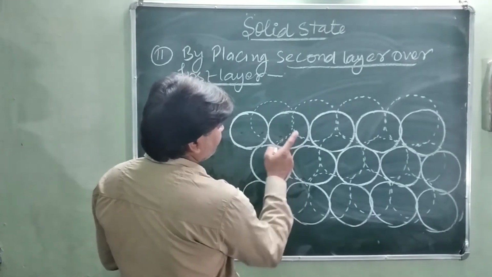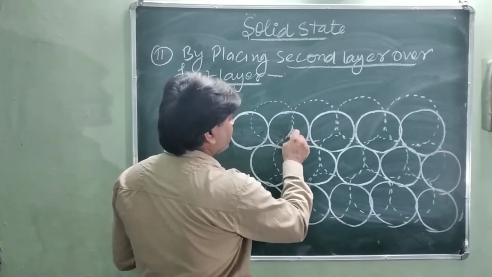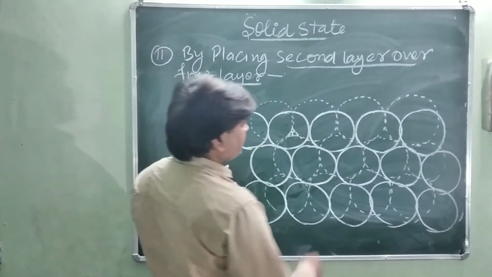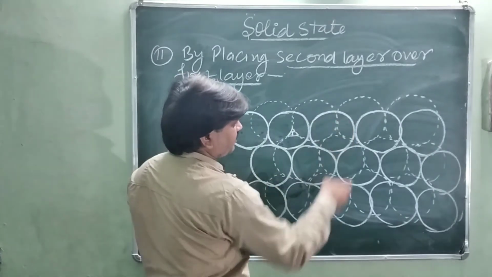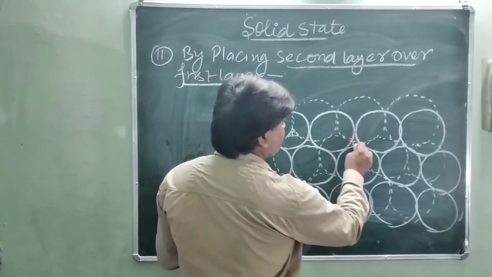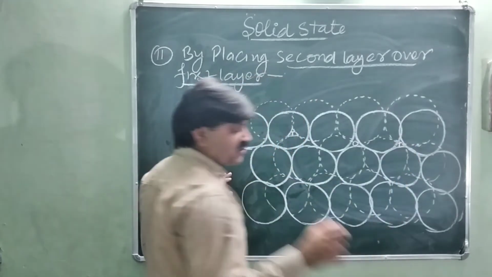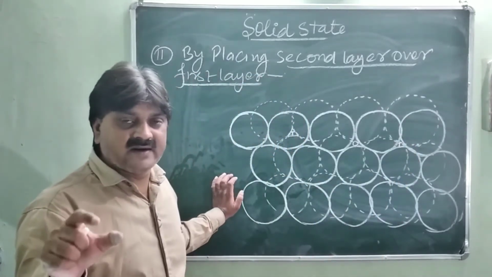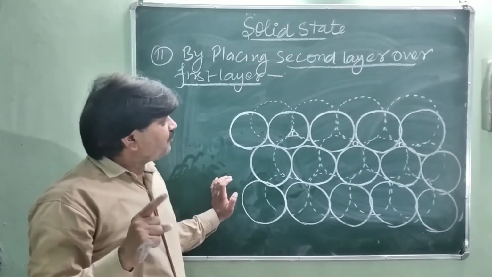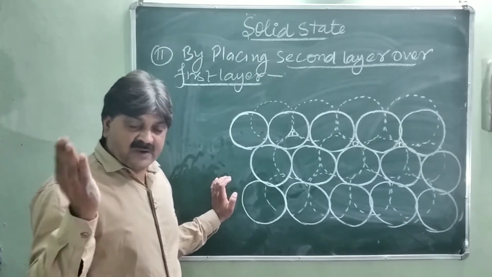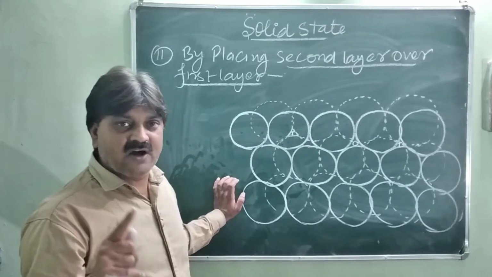So between 4 spheres, this is the tetrahedral type of void, and when the void is created between the 6 spheres, just like the 3 above and 3 below, where this is O type of sphere and T type between the 4 spheres, when the void is created, this is called the tetrahedral void, and when the vacancy is created between the 6 spheres, this is called the octahedral void.